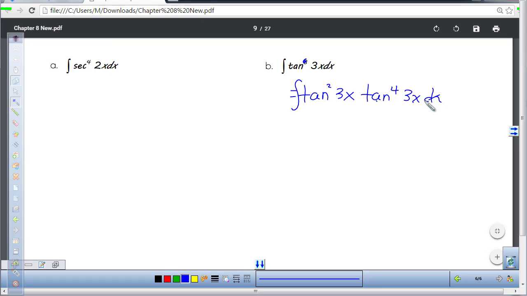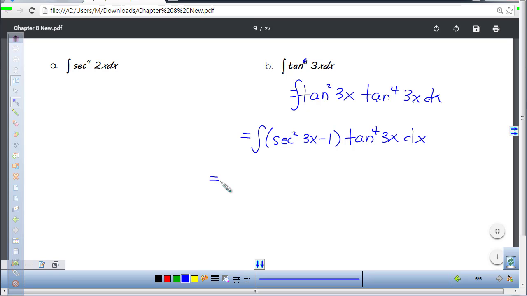Now, what can we write tangent squared 3x as? Very good. Equals the integral of secant squared 3x minus 1, times tangent to the fourth 3x dx.